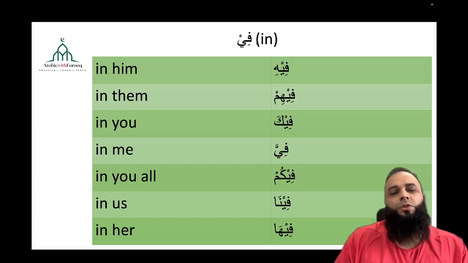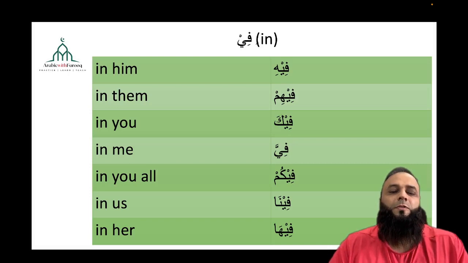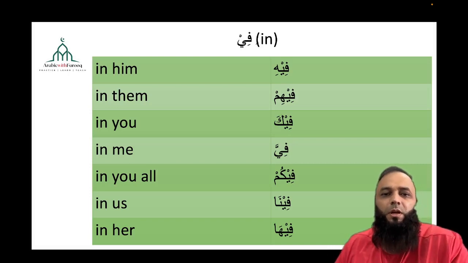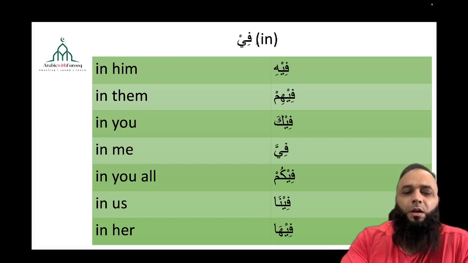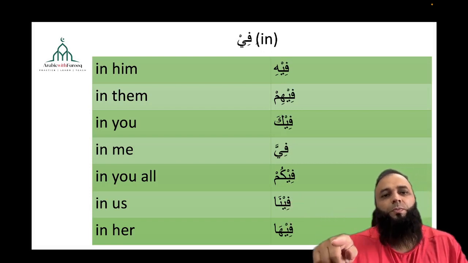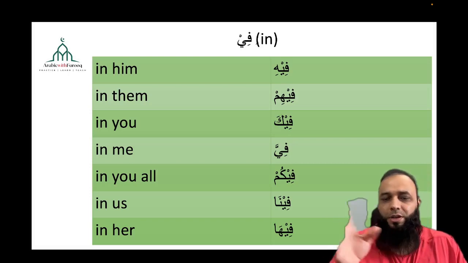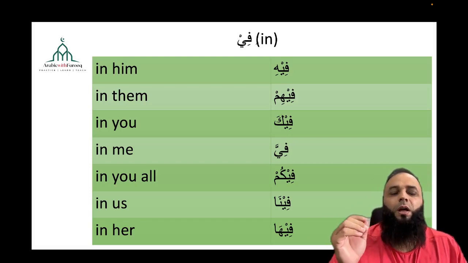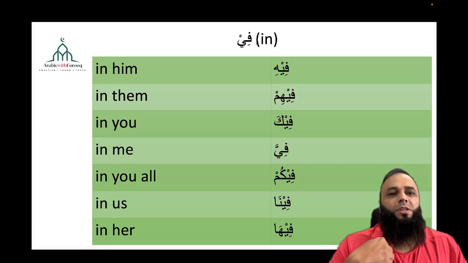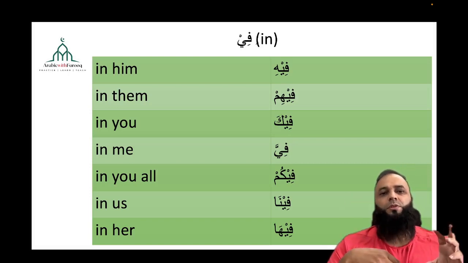Right. So let's see this. Fihi means in him, and then fihim is in them, and then you have fika, in you, and then we have fi, which means in me, and then you have fikum, in you when there is more than one person, and then you have fina, which is in us, and then you have fiha, right? So most of the rules are the same.